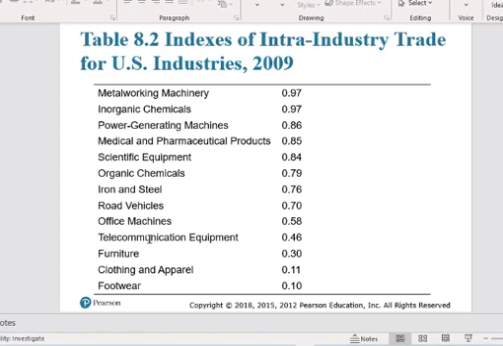Most intra-industry trade happens in metalworking machinery, medical and pharmaceutical equipment, computers, and scientific equipment, and less in footwear, those low-skill categories. Furniture is low. These are percentages.